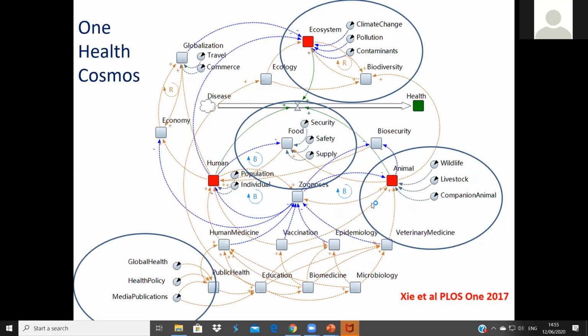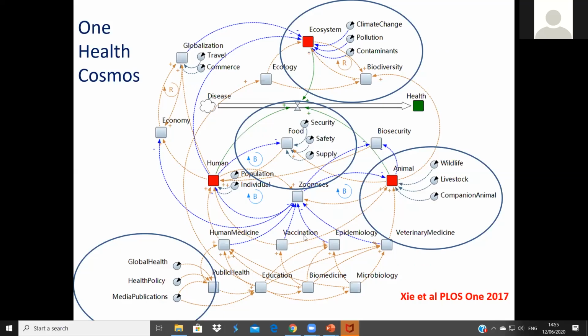This is one chart which I want to show in every presentation I make on One Health. We call it the One Health Cosmos, prepared by Z et al.